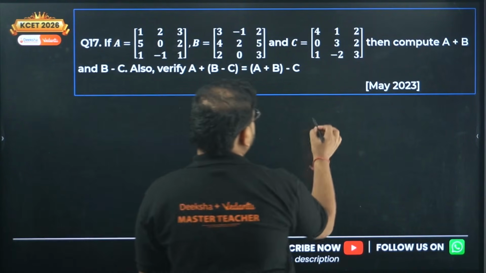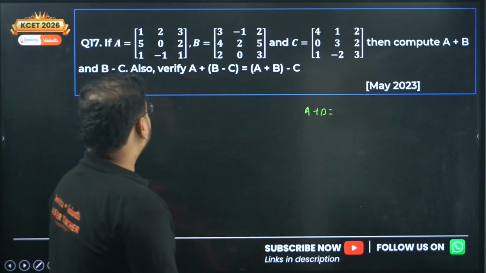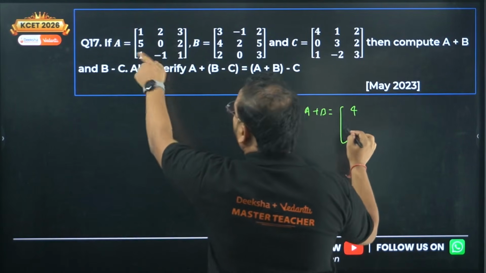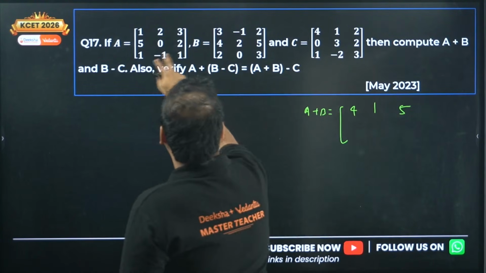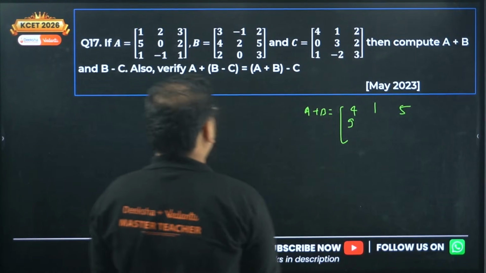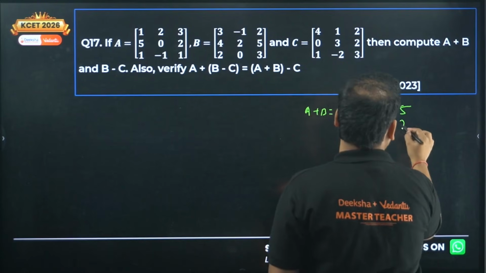Let's find A plus B first. Okay. So what we get for A plus B, add these two. We get 1 plus 3 as 4, 1 and we have 5. Okay. We have 9 and we have 2. We have 7.